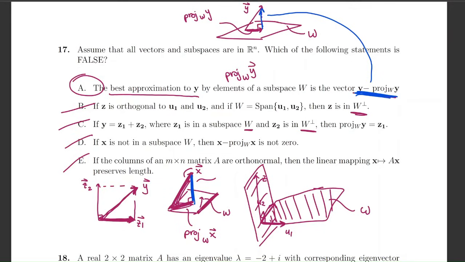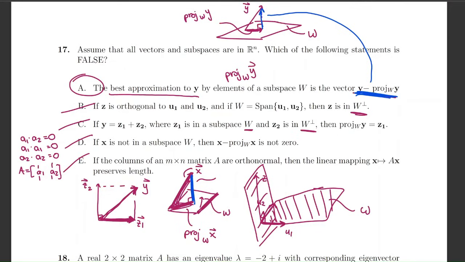If I go through it really quickly, you see that if we have orthonormal columns, we can write A as being, let's say, A1, A2, where these are the columns of A. And we know that they're orthonormal columns, so we know that A1 dot A2 equals 0. And because it's orthonormal, the magnitude of the column vectors are going to be equal to 1. So that means that A1 dot A1 equals 0, and A2 dot A2 equals 0.